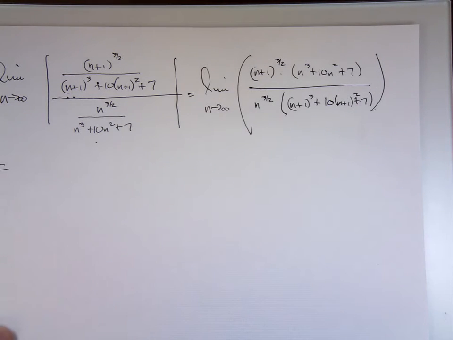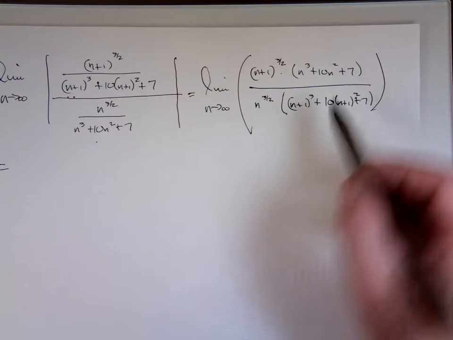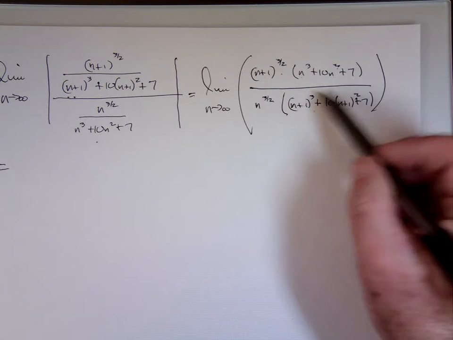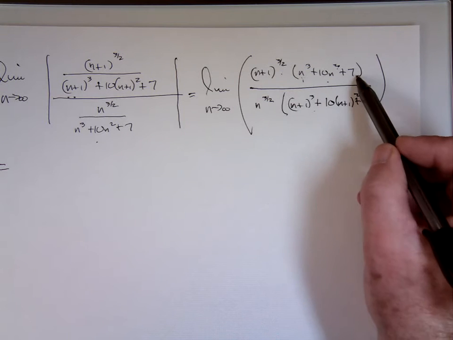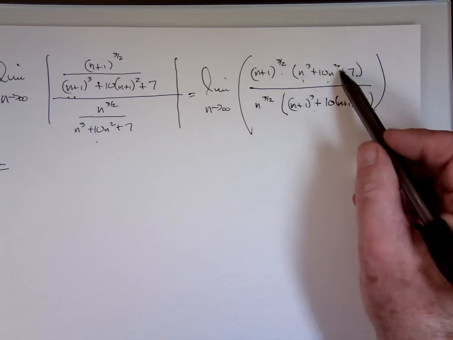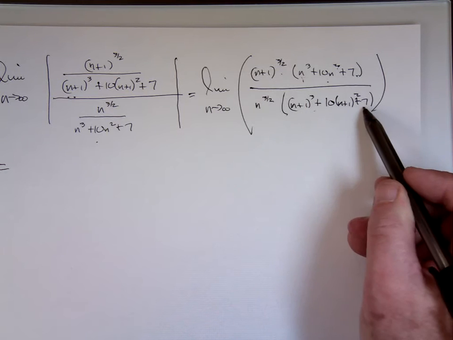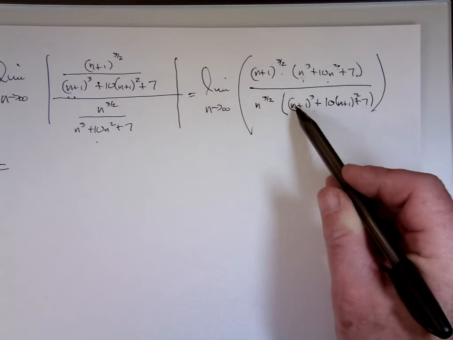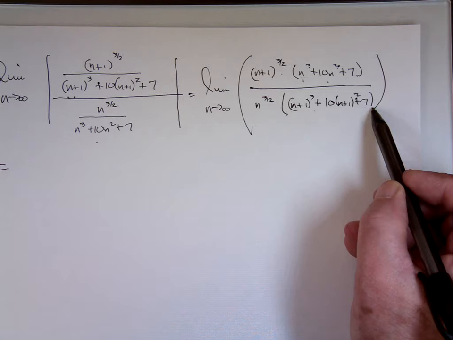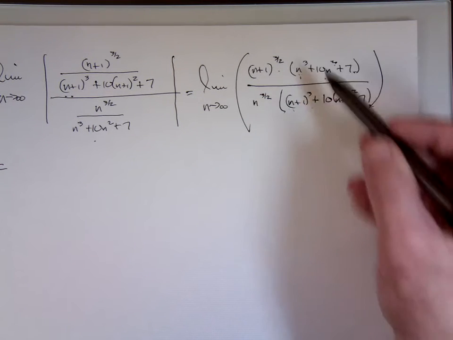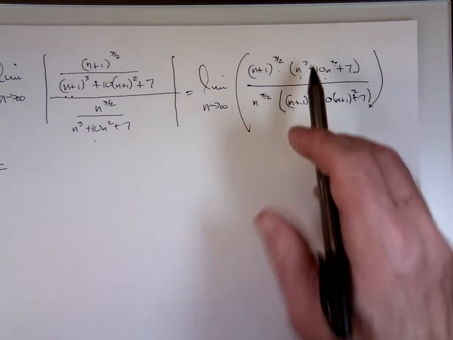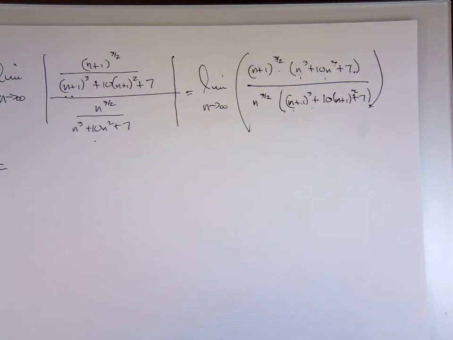It's not that bad. When I multiply this out, I'm going to have an n cubed, and 10n squared, and various other things in terms of n squares and the like. But the biggest exponent is the n cubed. I get n cubed over n cubed. What happens to that as n goes to infinity? That limit is equal to 1.